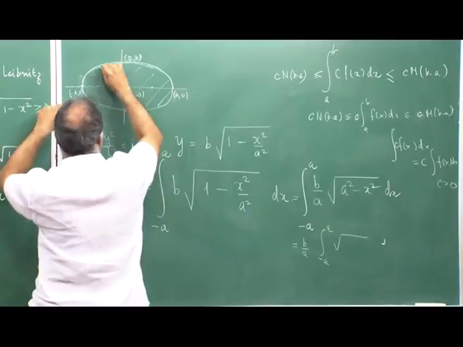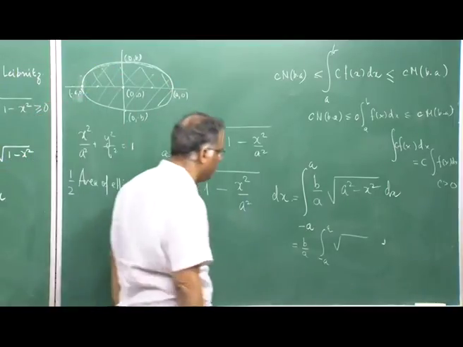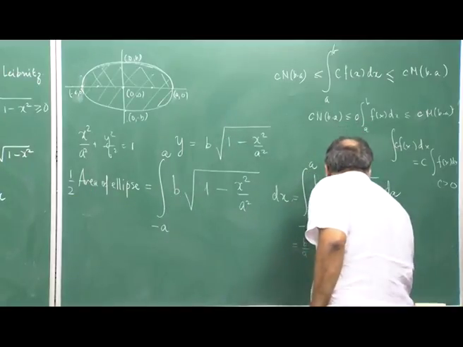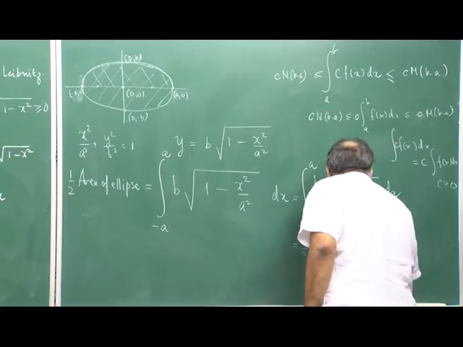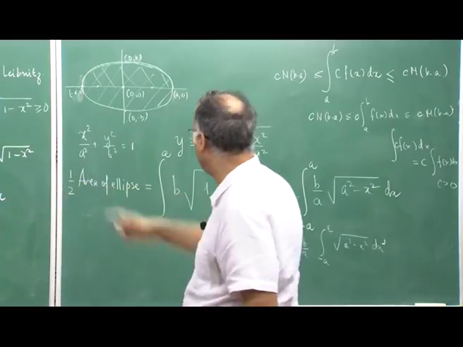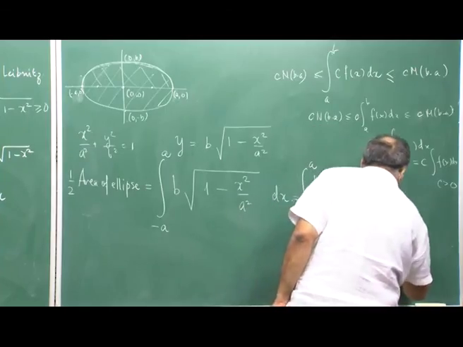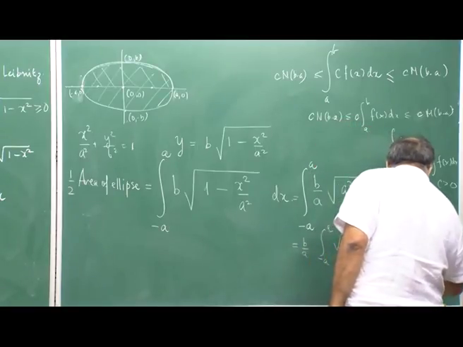So we are just finding first the area of this part, then we will double it. So half of the area of the ellipse is what we are getting. So please note this. This is nothing but integral minus a to a of root a square minus x square dx, and that is what we have already evaluated, pi a square by 2. So the answer here is b by a into pi a square by 2.